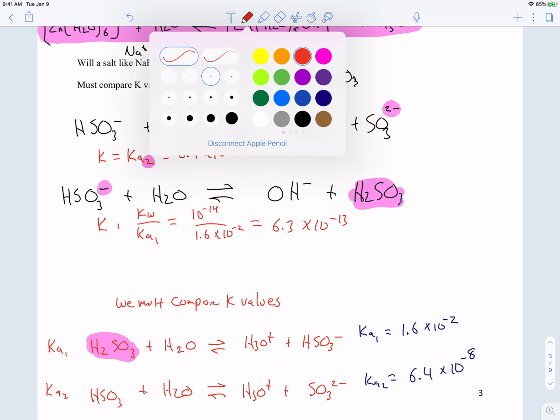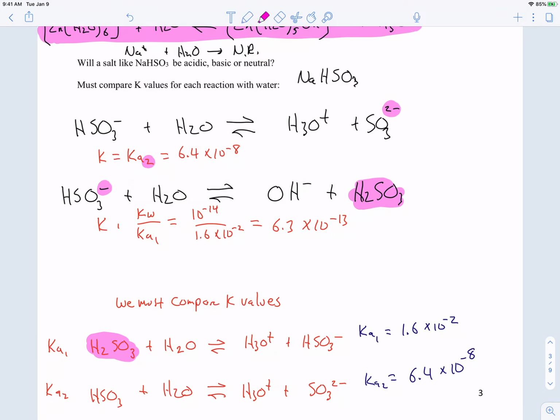Okay, so you can see that this K value is larger. So Ka2 is much bigger than the Kb, which is also the Kh, which we came up with right here. In other words, 6.4 times 10 to the minus 8 is much greater than 6.3 times 10 to the minus 13.